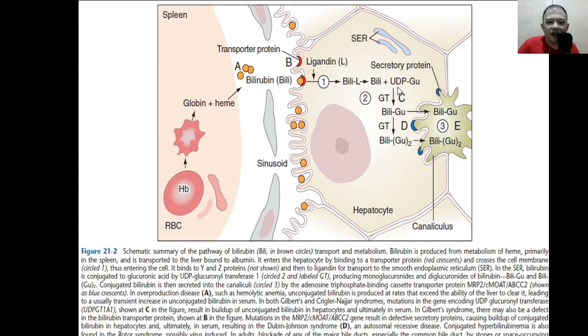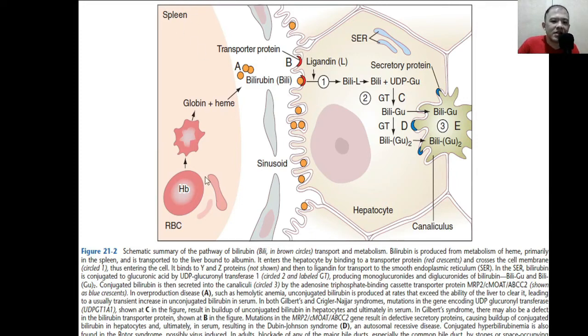You have the enzyme here, letter C, glucuronyl transferase.